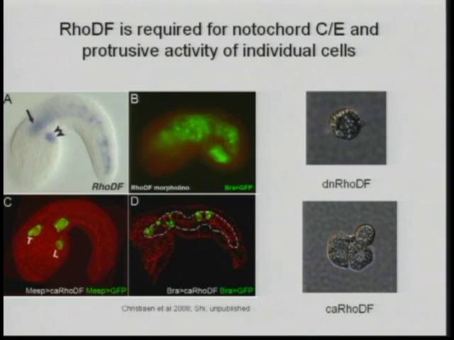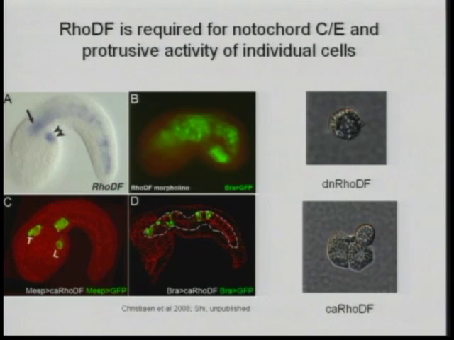It's expressed exclusively in the developing notochord and another very dynamic tissue in the embryo, the migrating heart cells. These heart cells start at the trunk and tail region and migrate all the way to the anterior of the head. These two tissues are the most dynamic in the embryo, and they also correlate with RhoDF expression.